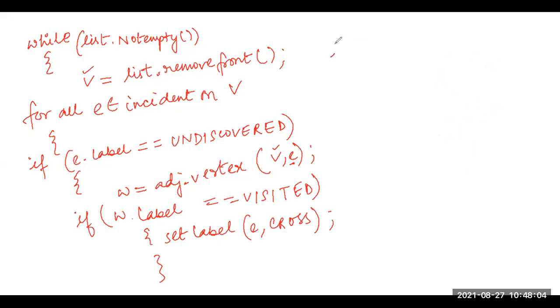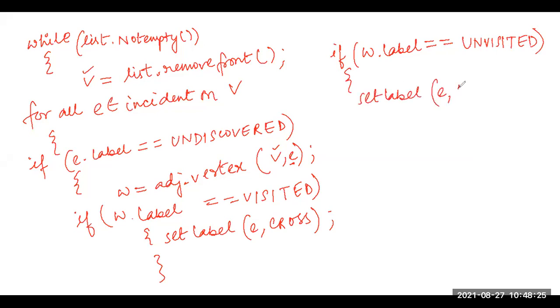And if the label of that vertex was an unvisited one, what were we doing? First, I will set the label of that edge to be a discovered edge.